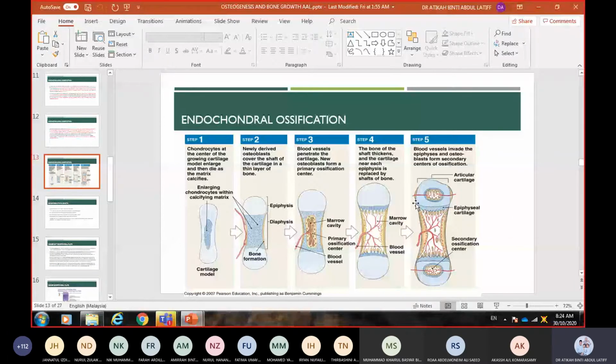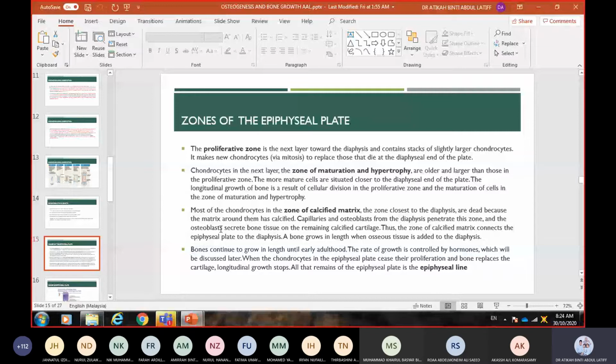Okay, so next going downwards, you'll find your zone of maturation and hypertrophy. So proliferative is when a lot of new chondrocytes are produced via mitosis to replace the ones that die. Okay, and then in the next layer, they mature and hypertrophy, they become larger. Okay, the longitudinal growth of bone results from cellular division in the proliferative zone and the maturation of cells in the zone of maturation and hypertrophy.